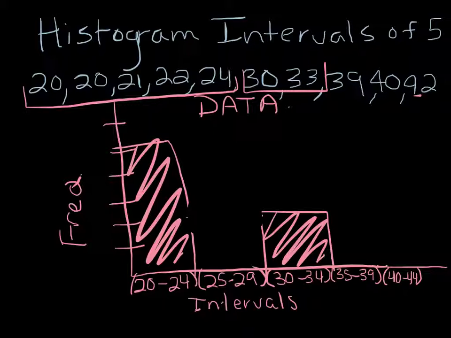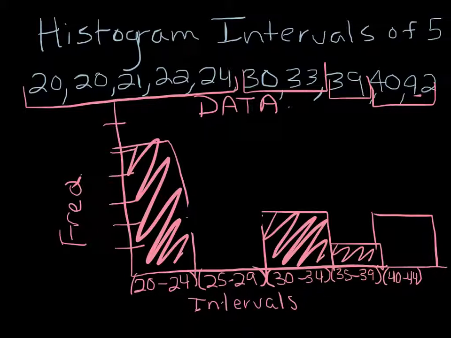And then 35 to 39 has a frequency of 1. And then 40 to 44 has a frequency of 2 again. And there is your histogram.